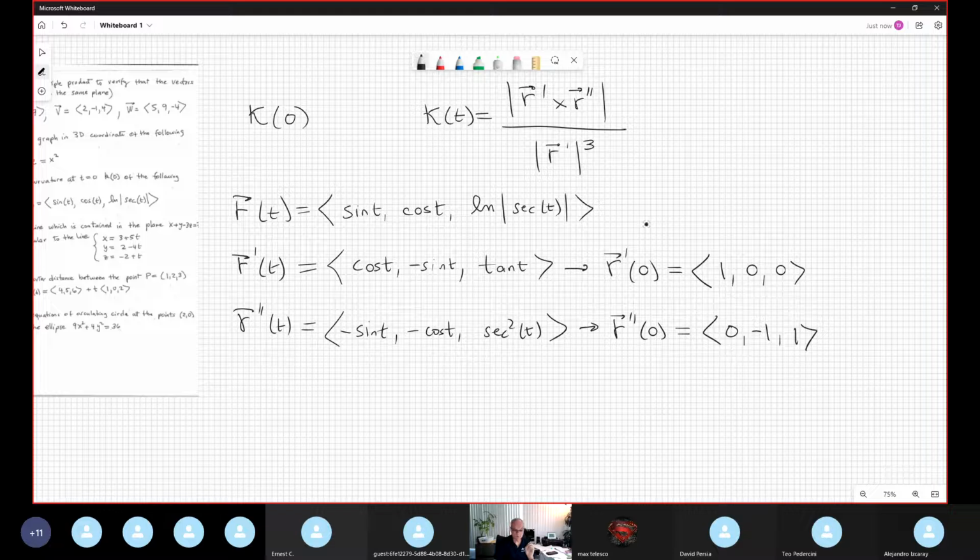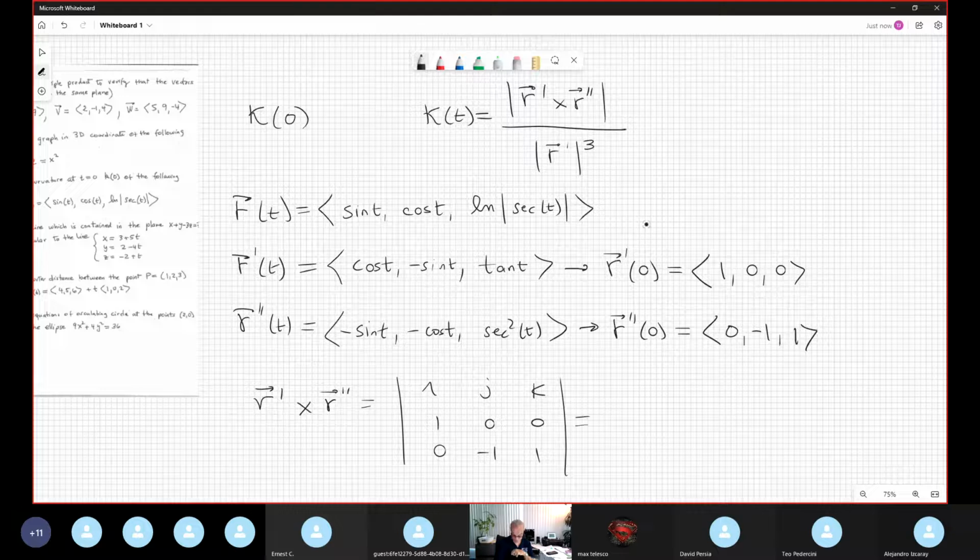Everyone's following me so far? Now, let's perform the cross product and compute the actual value. Well, let's do it step by step. Cross product first. Now the cross product is easy because it's just numerical values. i, j, k, the first vector is 1, 0, 0, and the second vector is 0, negative 1, and 1. Okay.